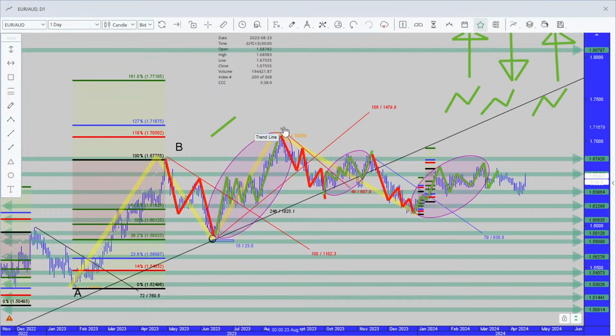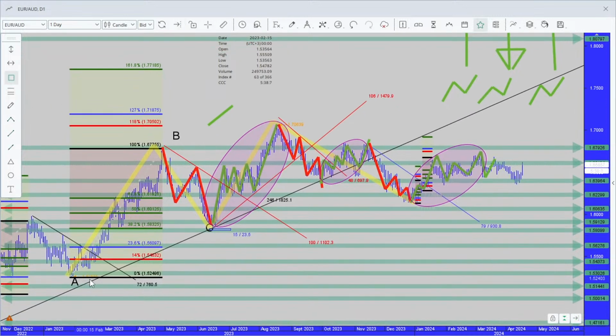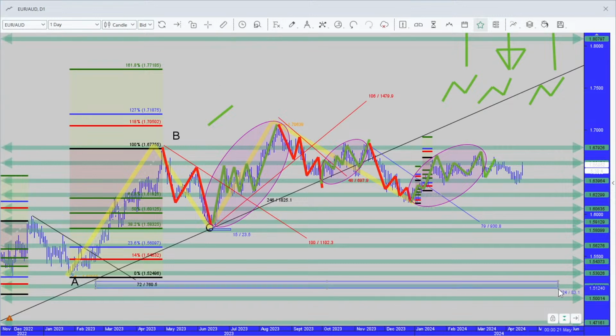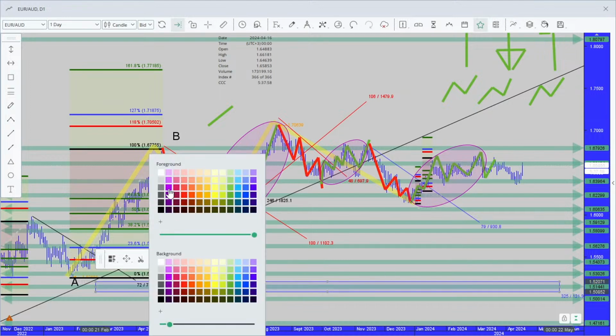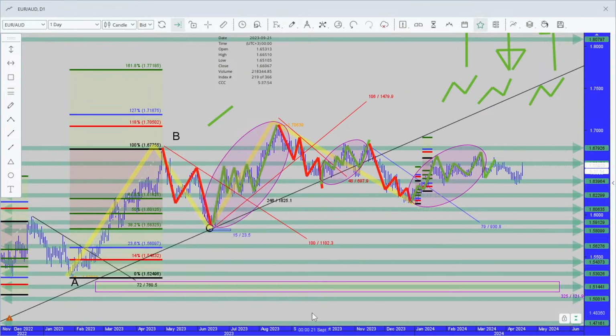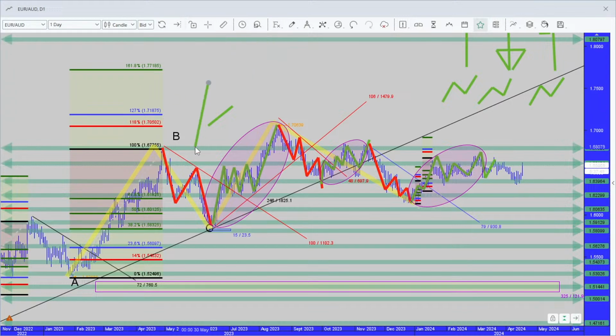Now, good news: if you can listen to the boss and put the stop loss in the correct place, everybody, then you would be safe either way.